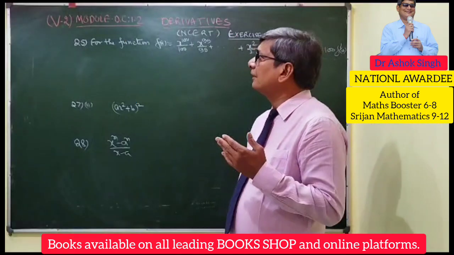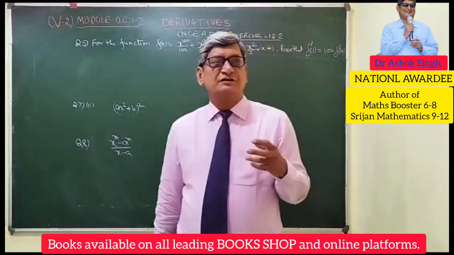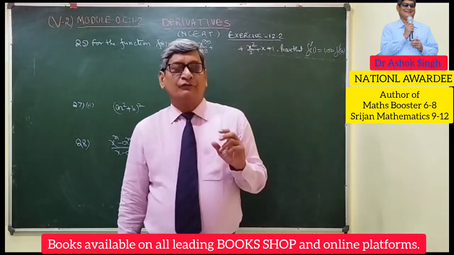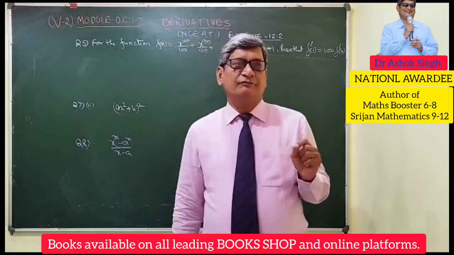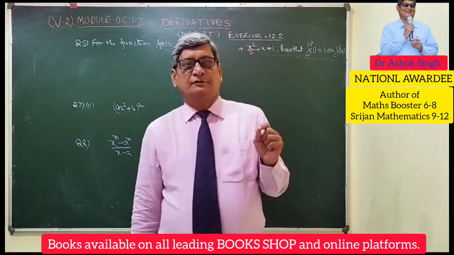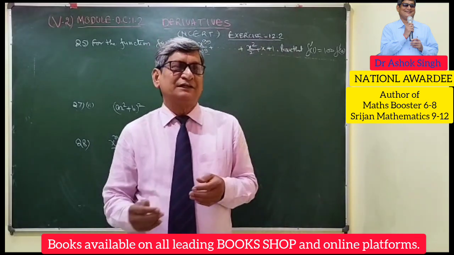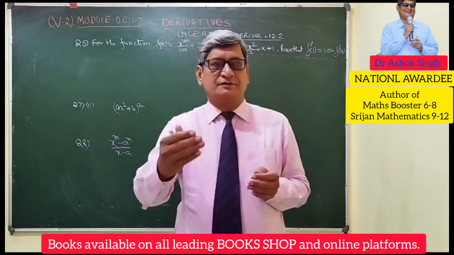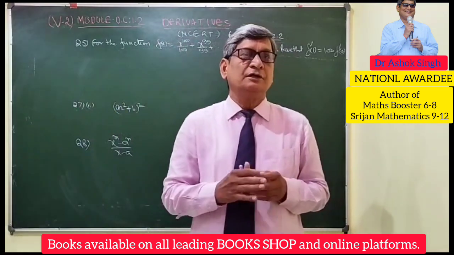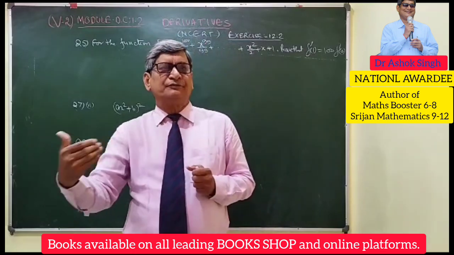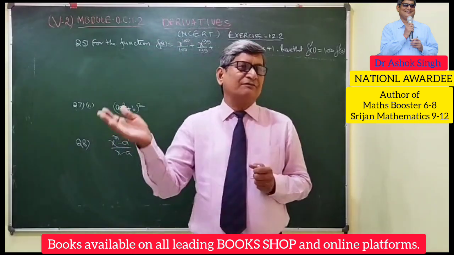Today we are going to discuss some questions from derivatives. We have already discussed the algebra of derivatives of functions, where we have seen that if u, v and w are different functions and you have to find the derivative with plus or minus signs, then you have to differentiate everything.